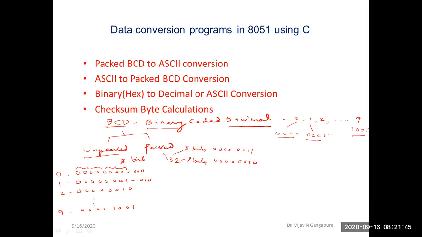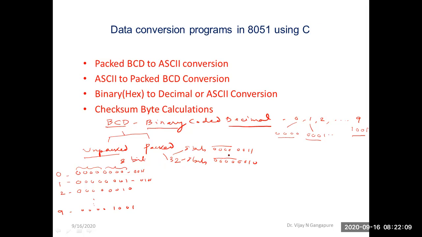So this is unpacked: to represent the BCD number 32 we require two 8-bit values, and the upper nibble is not packed with BCD number.